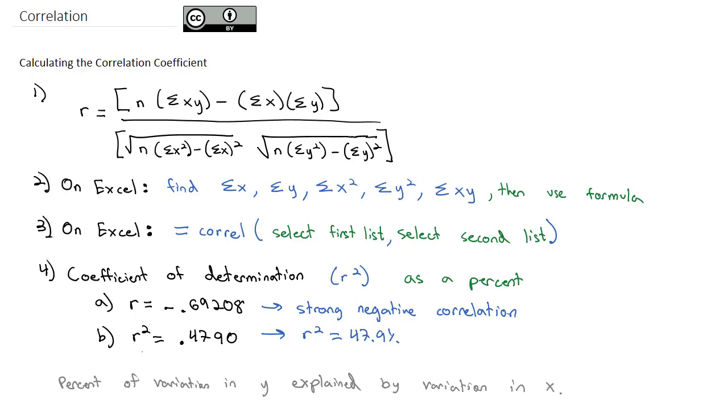What that means, how we're going to interpret that, is 47.9% of the variation in my second variable, in exam scores, is explained by the variation in x, the first column, missing assignments.